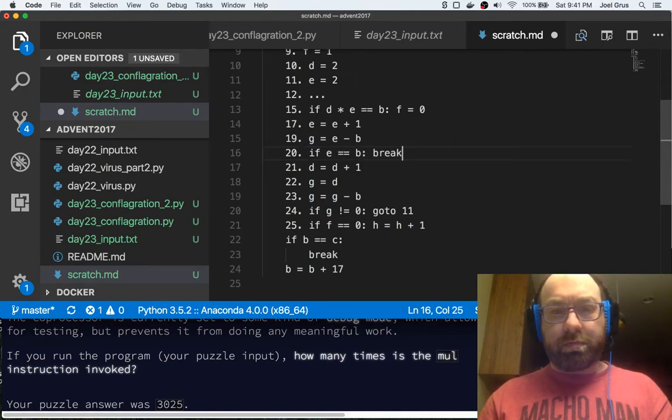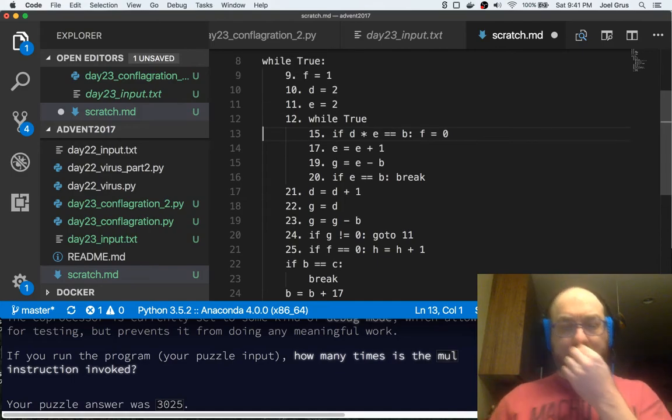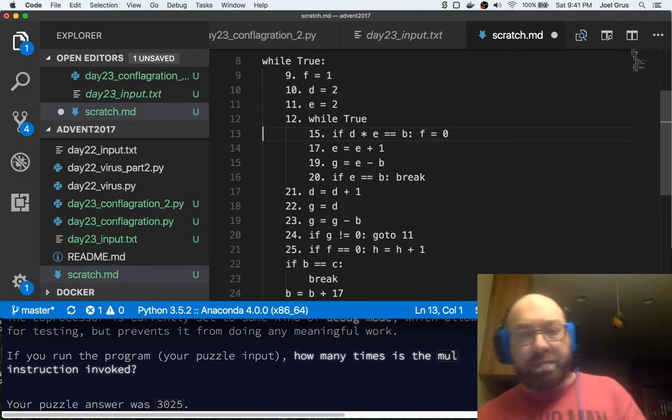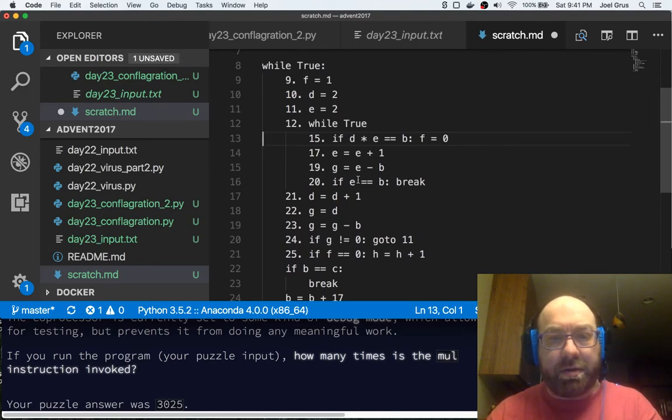And that's, again, a while true, which I'll do in here. And then this is really just a for E equals 2 to B minus 1.